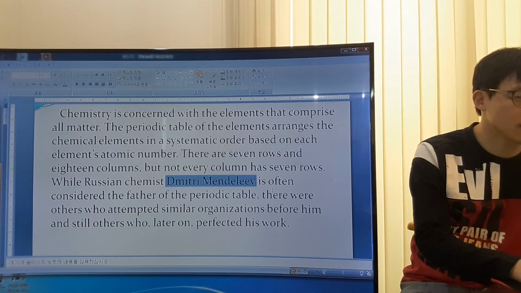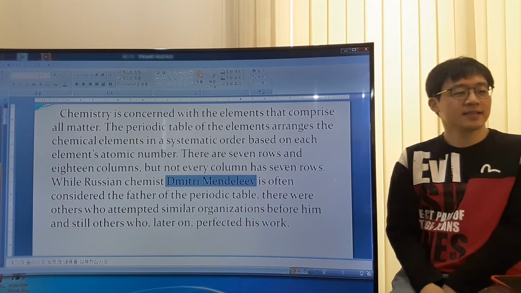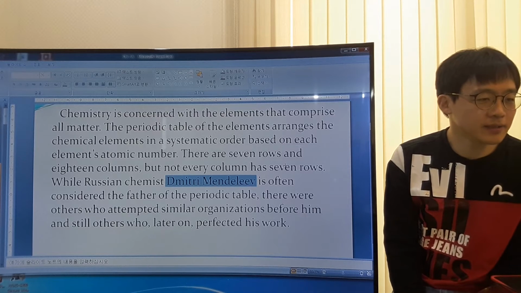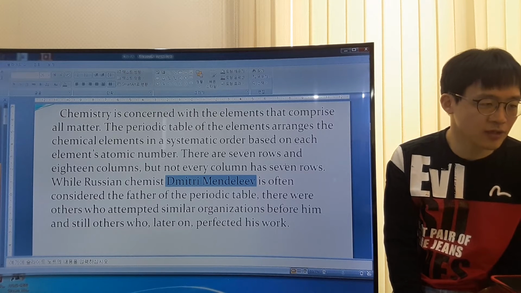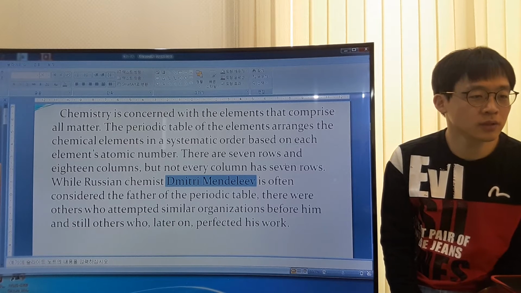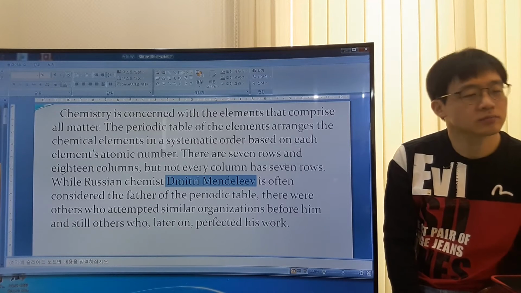Russian chemist Dmitry Mendeleev is often thought of as the father of the periodic table, but there were other people who tried similar organizations before him, and still others who later on improved his work.